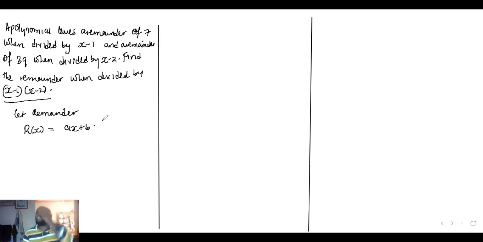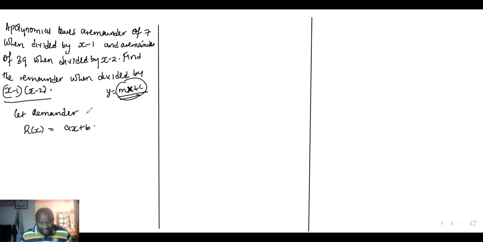When a polynomial is divided by a quadratic, the remainder is linear. Linear is in the form of a line, y is equal to mx plus c. So whenever you see this part, mx plus c, this part is linear. So the remainder is linear when divided by a quadratic.